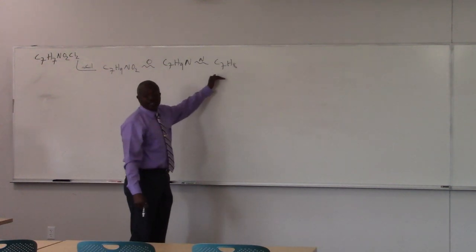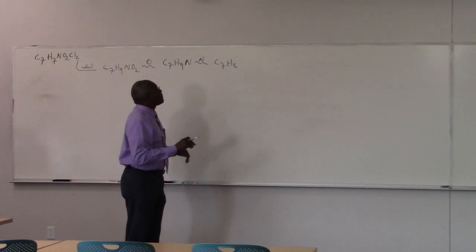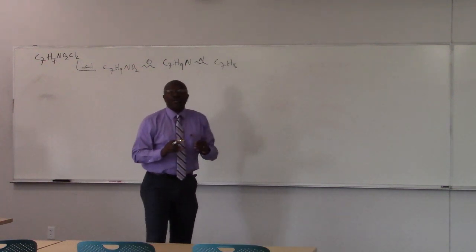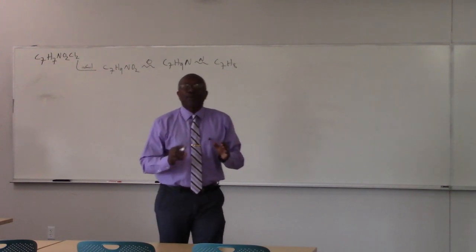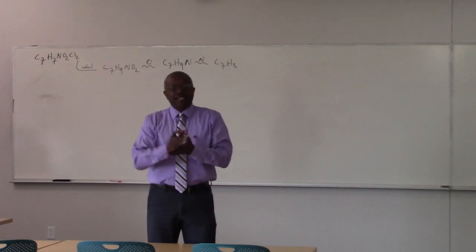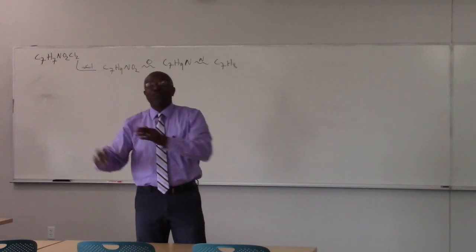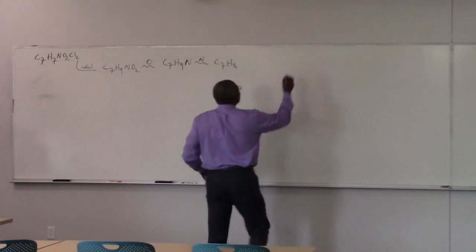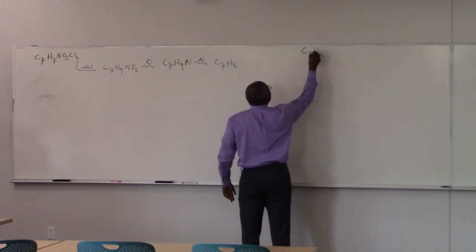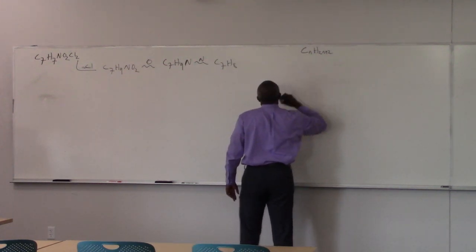But once you get to the equivalent hydrocarbon, you want to compare that formula against the corresponding alkane. And by corresponding, we mean the alkane, CnH2n+2, that has the same number of carbons. So the generic formula for an alkane is CnH2n+2.